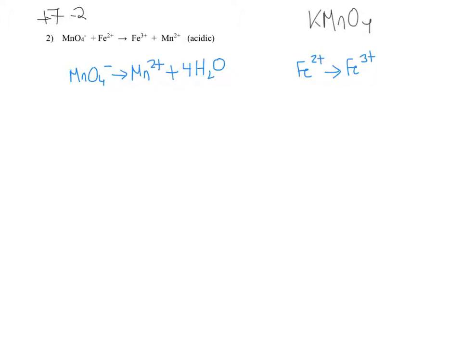Okay, 4B says balance the hydrogens by adding an H+ to the deficient side. For each hydrogen, you add an H+ to the deficient side. So here we don't have any hydrogens. Here we have 4 times 2 is 8. So on this side, we're going to add 8 H+.